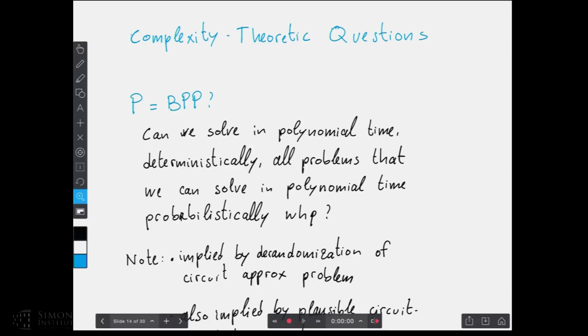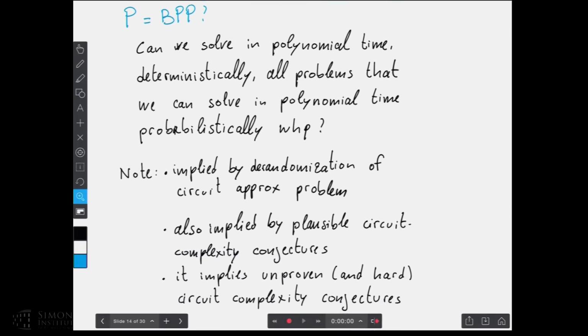And there is some evidence that this might be possible, in the sense that there are standard conjectures in complexity theory that imply that this conjecture is true, that every randomized algorithm can be converted to a deterministic polynomial time one.